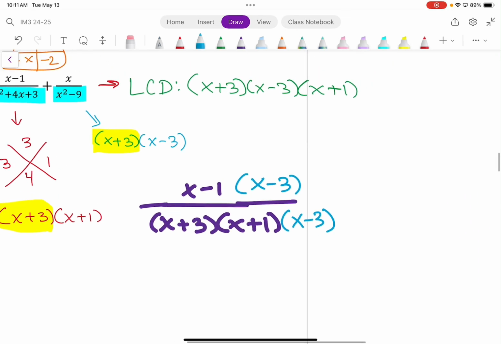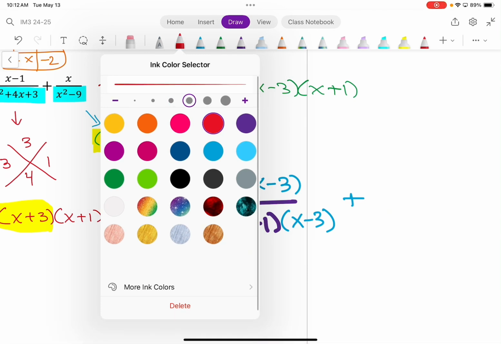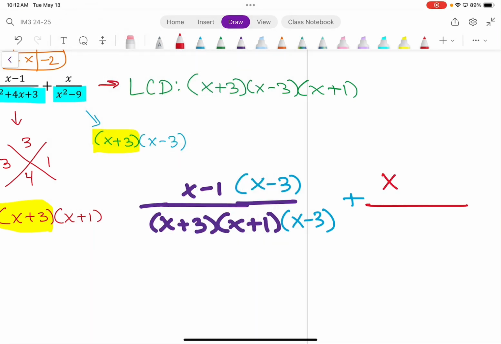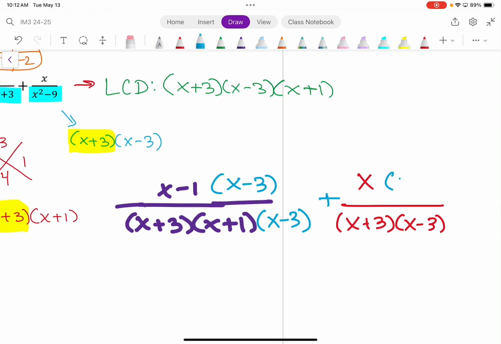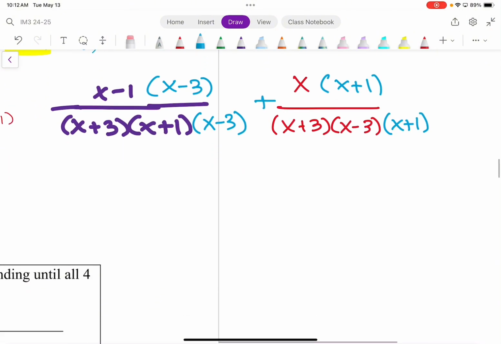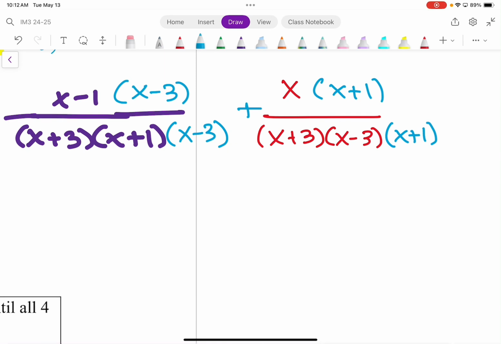And then plus, we have x over x plus 3, x minus 3. And the second one, you're going to multiply by x plus 1. So this is what we're doing here, which I know seems like a lot of work.